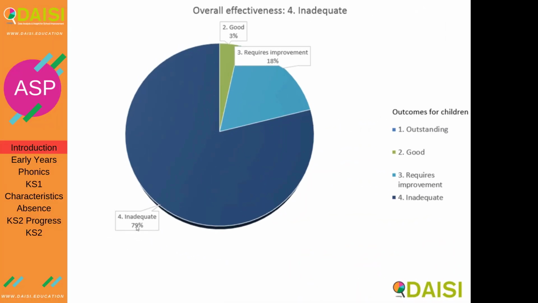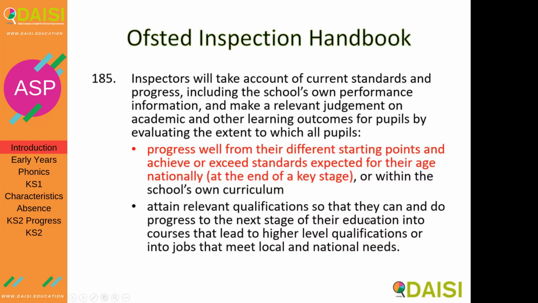So how does Ofsted measure outcomes for children? We can see this high correlation with overall effectiveness. Well, here is some of the detail, and it's well worth reading this section between around paragraphs 175 and 205 in the current version.